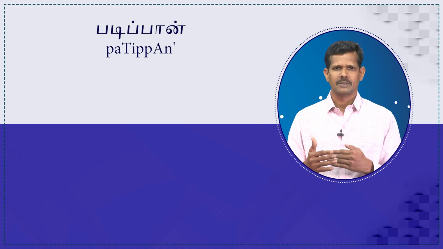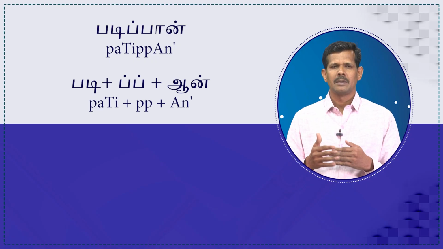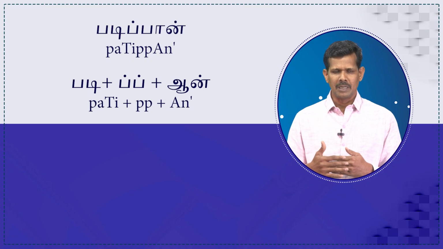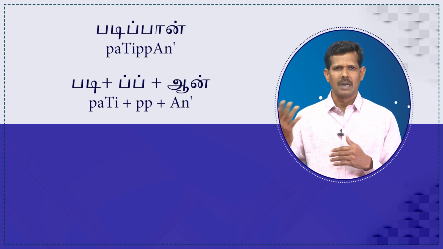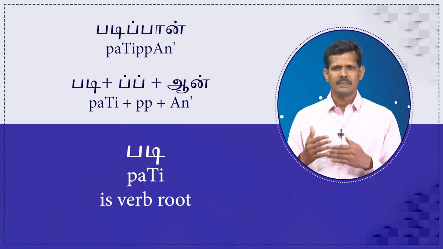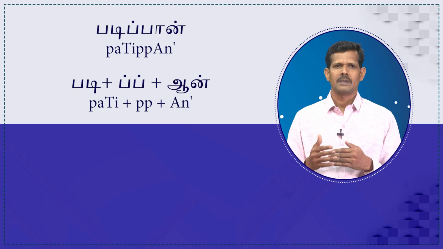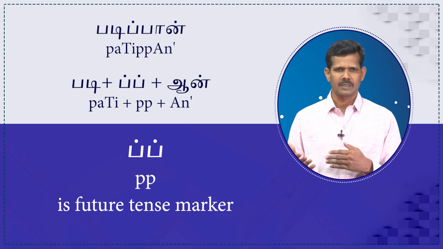Let us analyze the words in order to understand the tense marker. Let us see the example padipan. It is segmented as padi plus p plus an. Padi is verb root. P is future tense marker.